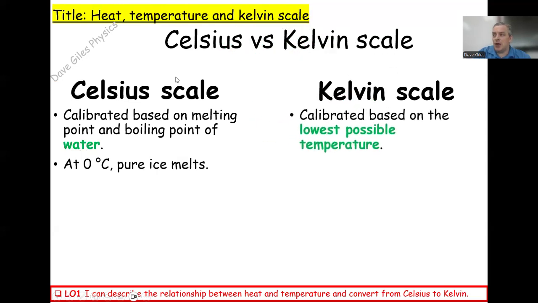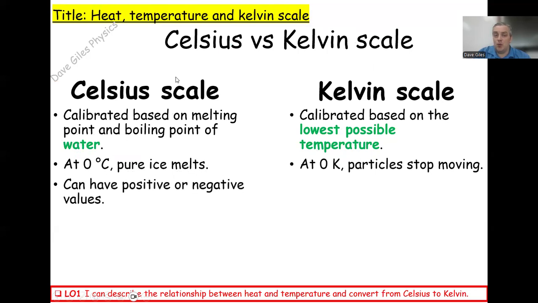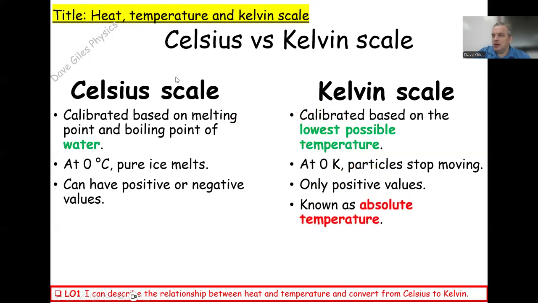The Kelvin scale, on the other hand, is calibrated based on the lowest possible temperature, and that is 0 Kelvin, where particles stop moving. The Celsius scale can have positive and negative values, whereas the Kelvin scale is always positive. And 0 Kelvin, as we mentioned a moment ago, is called absolute zero.